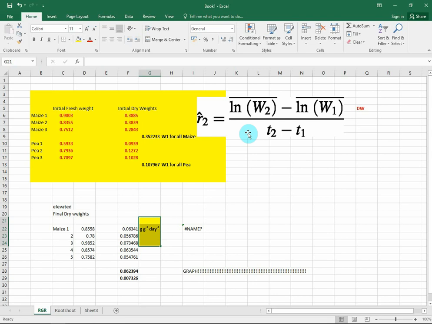Putting this equation in the appendix and saying relative growth rate was calculated using the relative growth rate equation as per Appendix A. That's why you have an appendix.